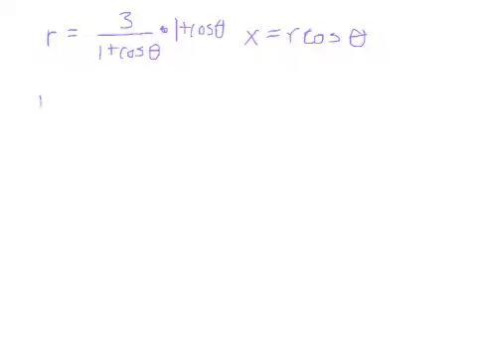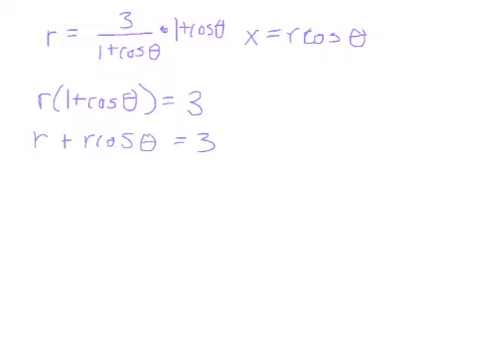So we get r times 1 plus cosine theta equals 3. And after distributing the r, we would get r plus r cosine theta equals 3. And we know that r cosine theta equals x. So we get r plus x equals 3.